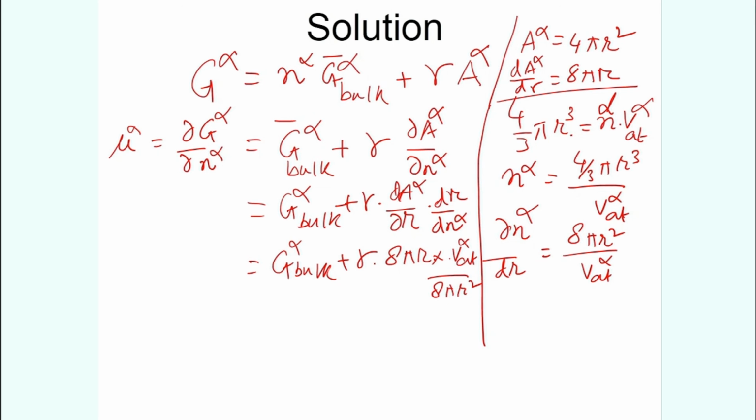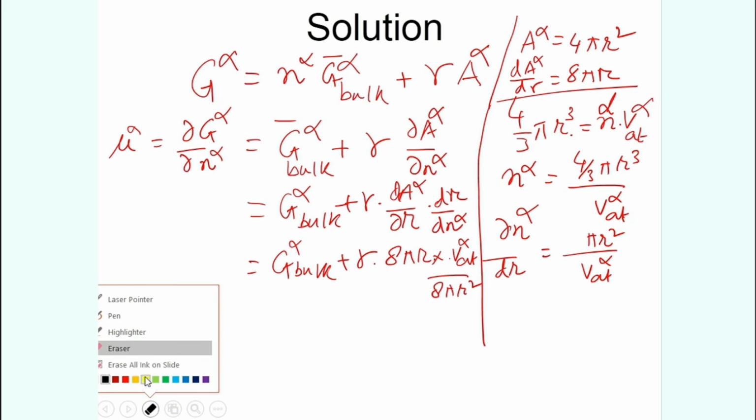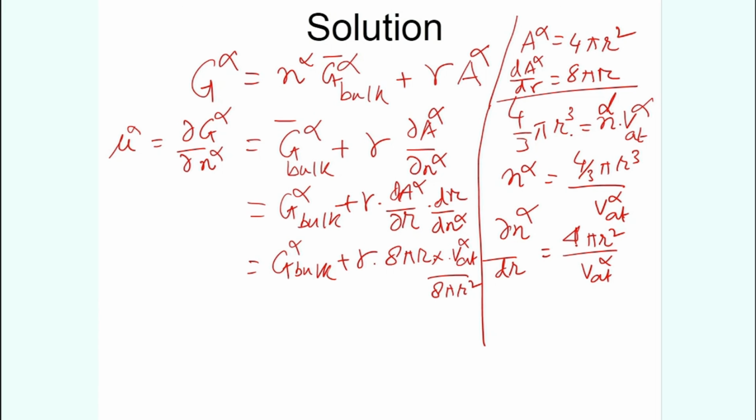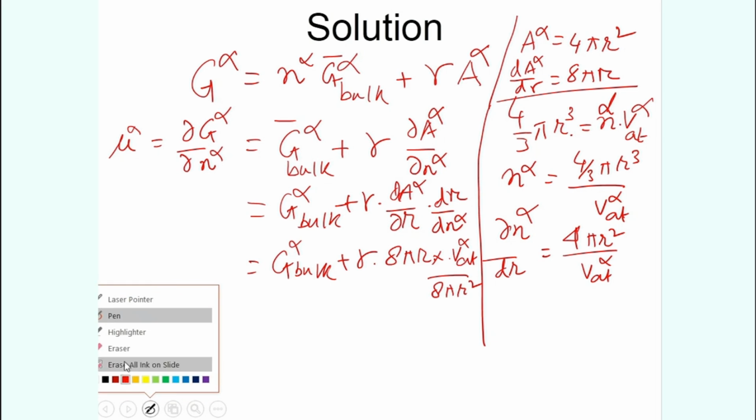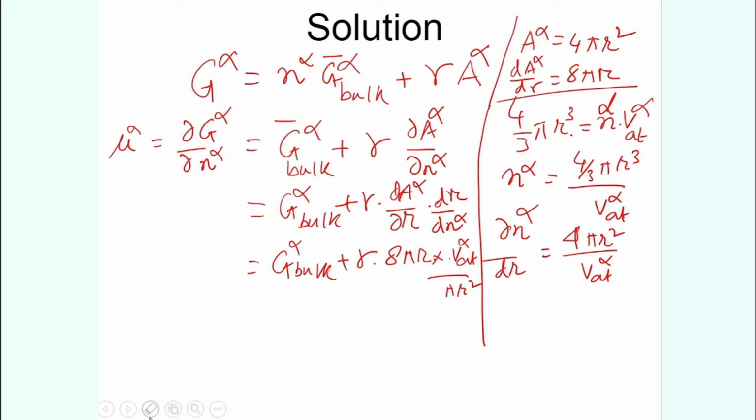There's a mistake here, right? You could see that. That's what I want you to point out. This should be 4. The 3 would get cancelled, this will be 4, right? So these are the mistakes I would like you to point out.